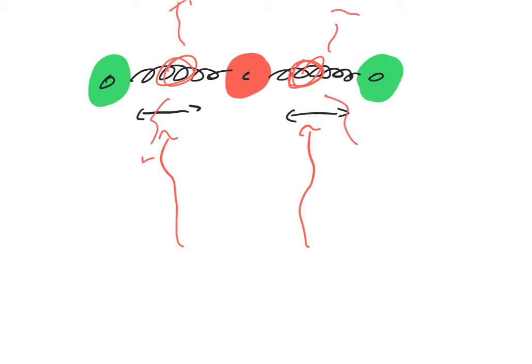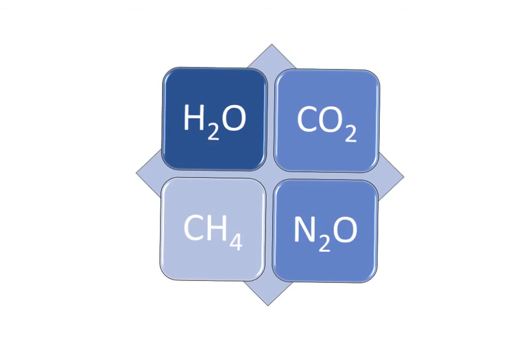For as long as there has been life on Earth, these greenhouse gases have been in our atmosphere. However, over the last 150 years, the amount of fossil fuels in our atmosphere has increased dramatically. For example, the burning of fossil fuels in our power plants and our cars has increased the amount of carbon dioxide in our atmosphere.